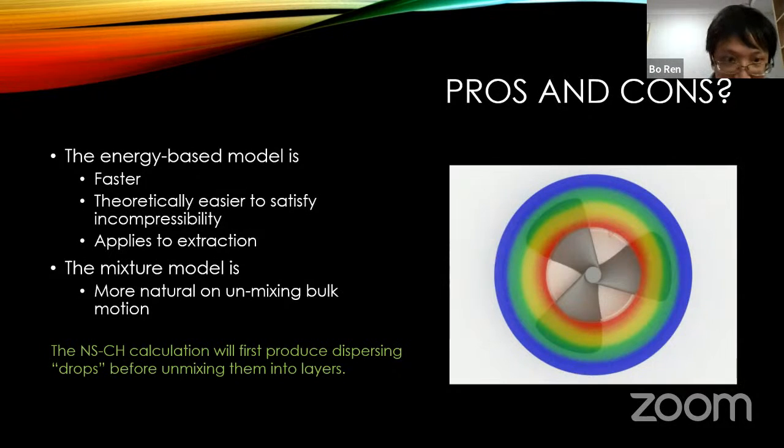The SCH calculation will first produce dispersing drops before unmixing them into layers. But the result of the mixed model will be more natural in the layering process.